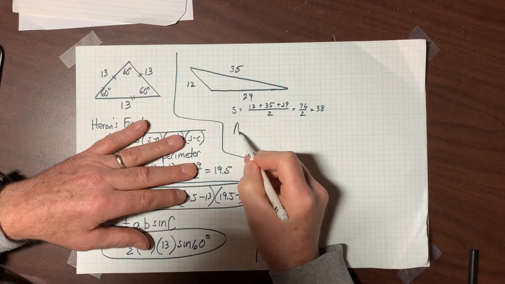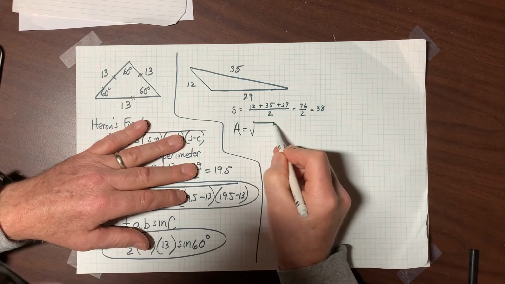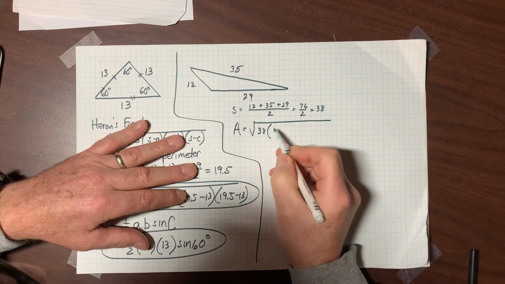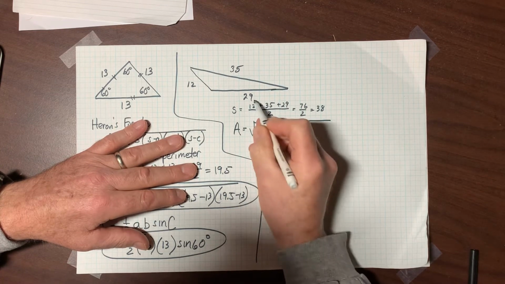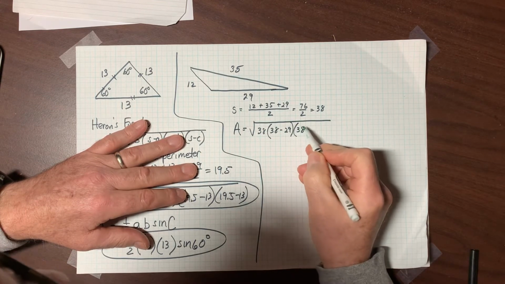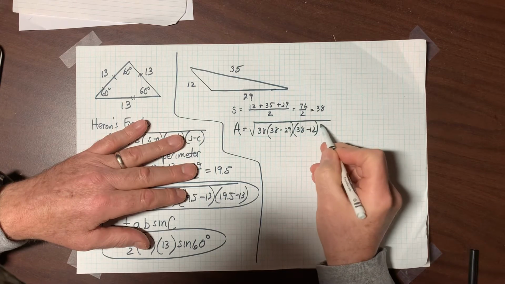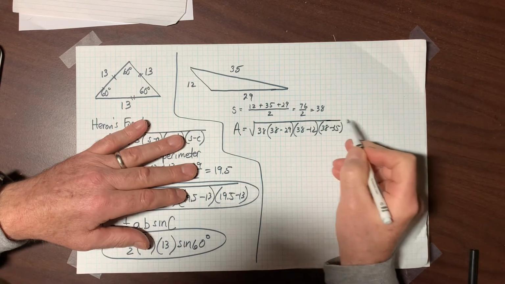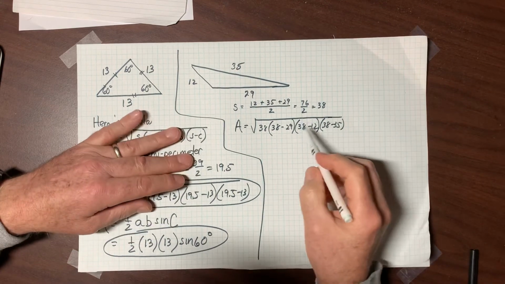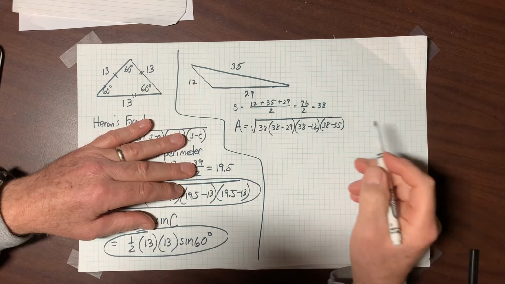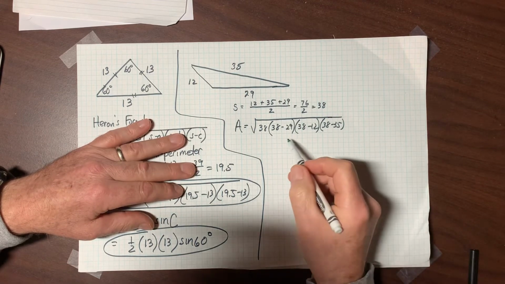So the area then would be the square root of 38 times 38 minus 29 times 38 minus 12 times 38 minus 35, and just plug it into your calculator. You could put it in just like you see it here. Use parentheses, then hit enter at the end. You'll be good to go to get the area.